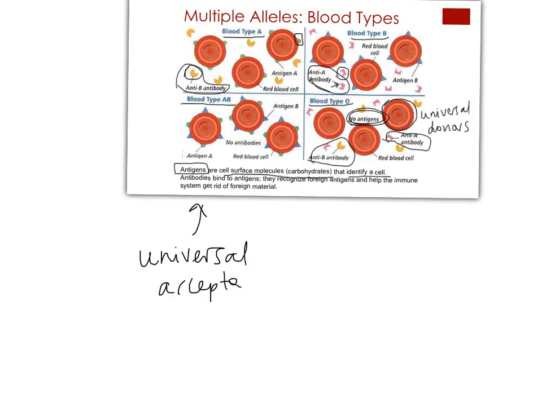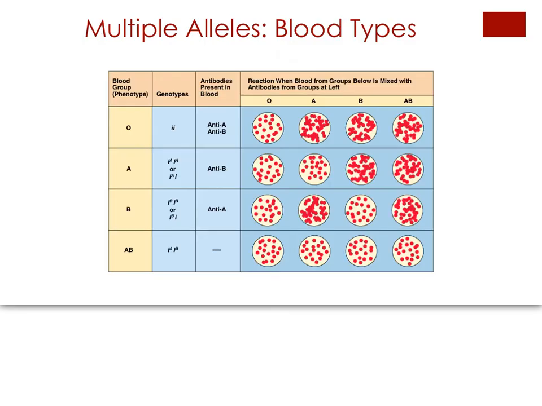Okay, great. So this is just a chart that summarizes the different phenotypes, the blood types, the genotypes that will produce those different phenotypes, what antibodies are present in their body, and then what happens to their blood when exposed to different types of blood, different from their own.